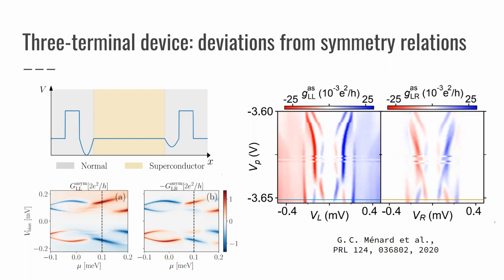So when you look at an NS device, with just a normal lead and a superconductor, you say that below the gap there are no propagating modes, so there is no dissipation, and above the gap there is.